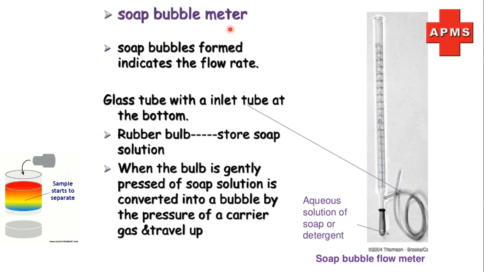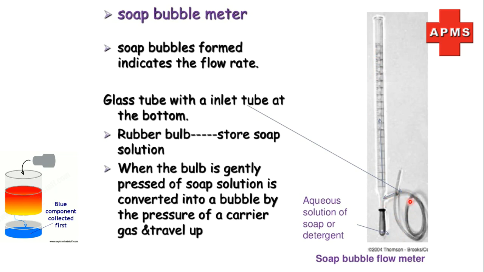Now the second is the soap bubble meter. In the soap bubble meter, a soap solution is filled in a tube. Okay, and at the downside the carrier gas flows and moves to the upside, and then goes to the outlet.